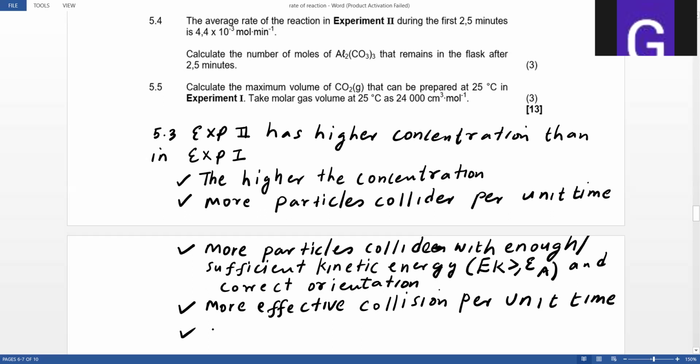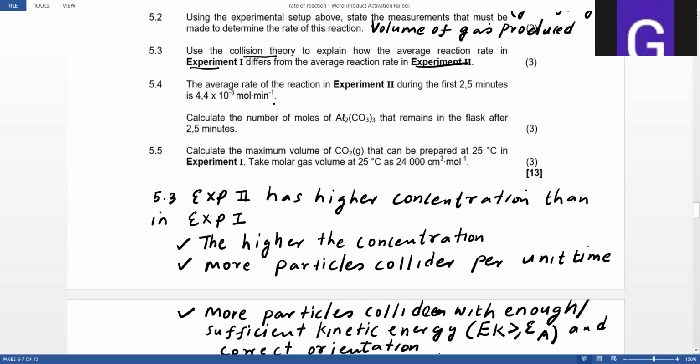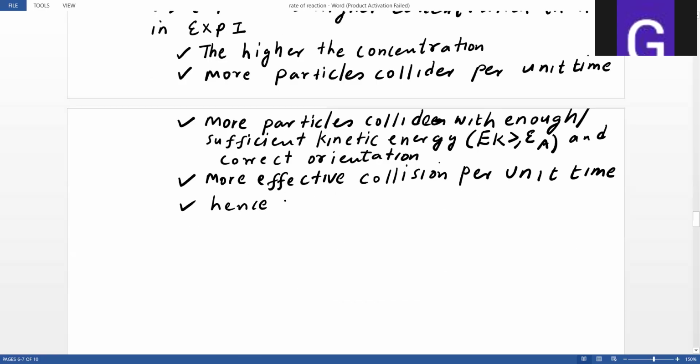Hence, let us look at the question. Hence, higher or faster reaction rate.